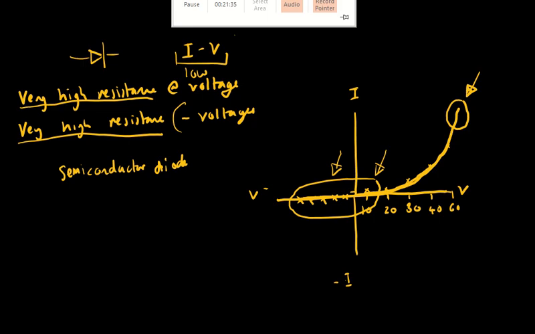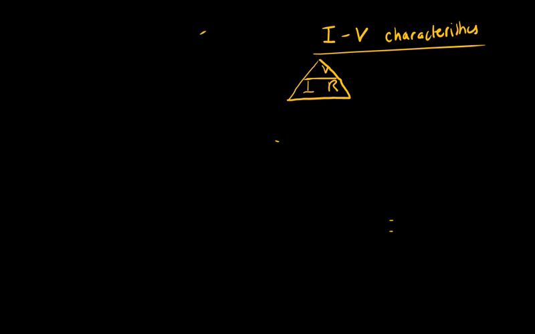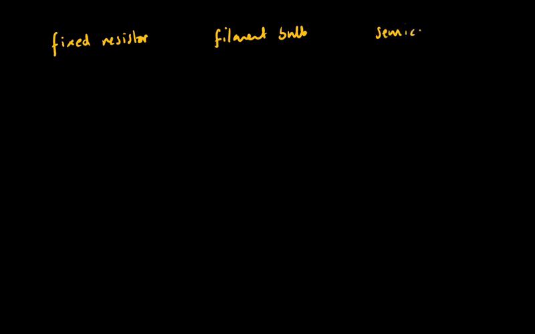So if you just pause there a second and let's see if you can do from memory three sketches of your three graphs for IV characteristics: one for a fixed resistor, one for a filament bulb, and one for a semiconductor diode.